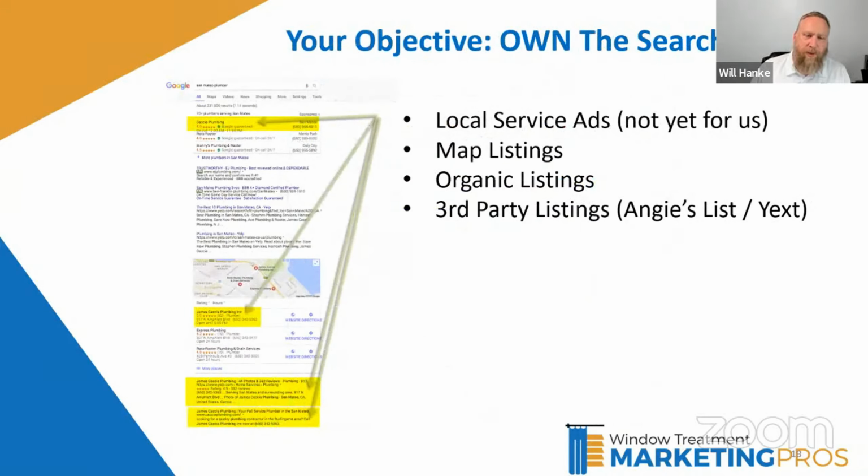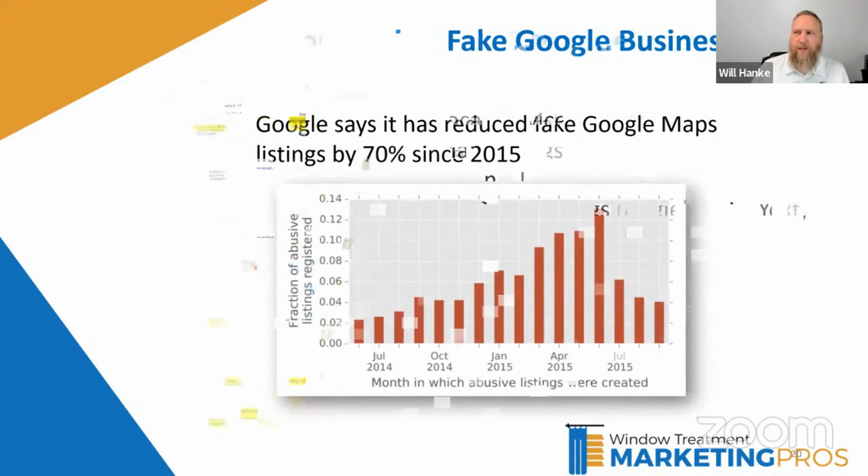Local service ads is what that top area is called, and it is not yet available for us. The other thing with this is there was a point where Google had a ton of fake business listings. Now, Google tells us that they've done some things to thwart this and keep that to a minimum. However, I don't know how much of that is true.